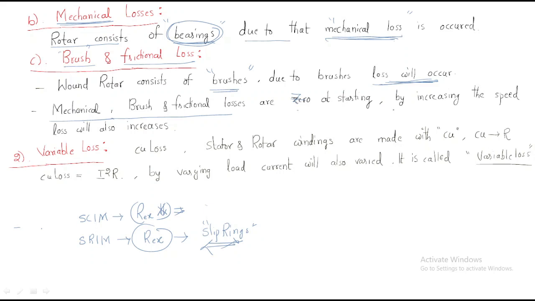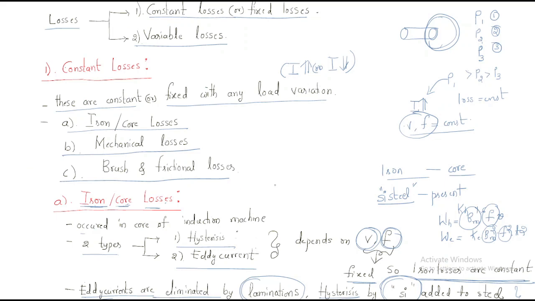But we can name them constant losses, because although they increase with speed, the speed varies only slightly. That's why they are constant. These losses are the constant losses. So generally constant losses are of three types: one is iron loss, another is mechanical loss, and the third is brush and frictional loss.